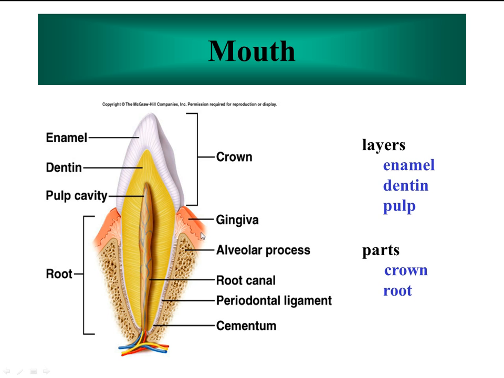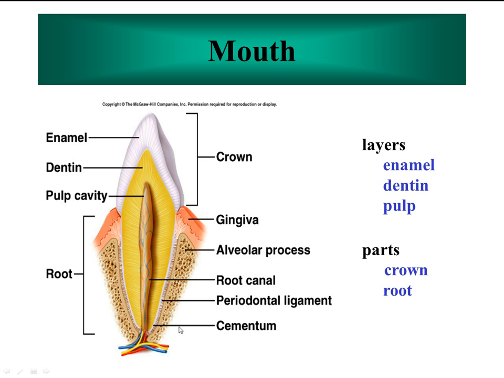Gingivitis is irritation of that gingiva, and severe gingivitis will cause a gap here and cause that tooth to get loose and food particles to get down here and cause problems. There's the root canal with the pulp cavity. The periodontal ligament helps to hold it into place.